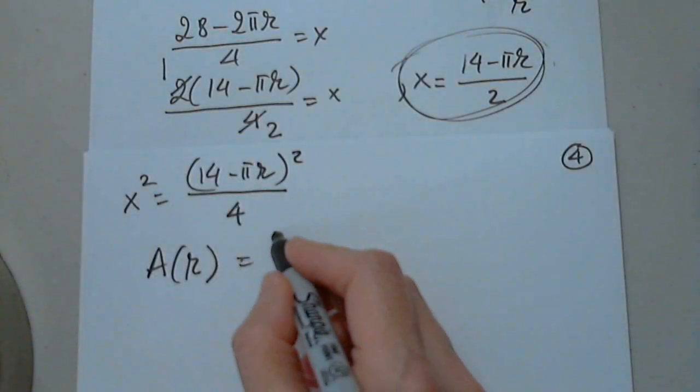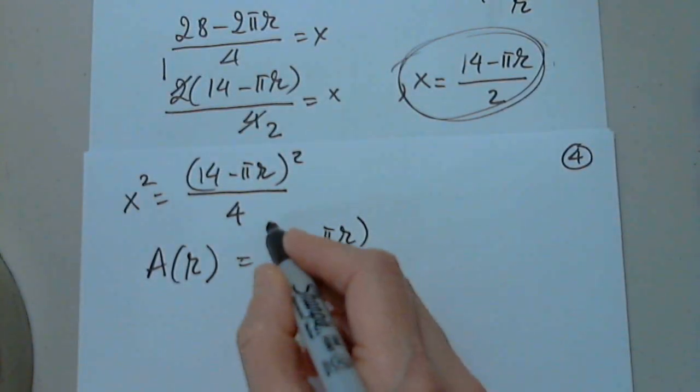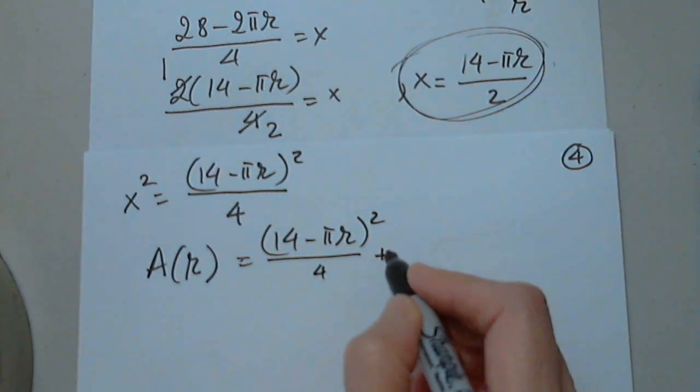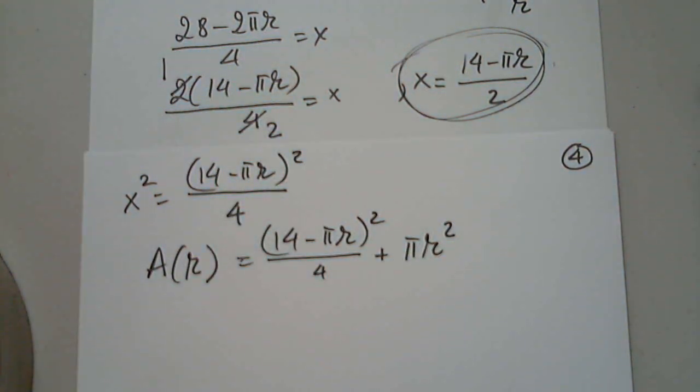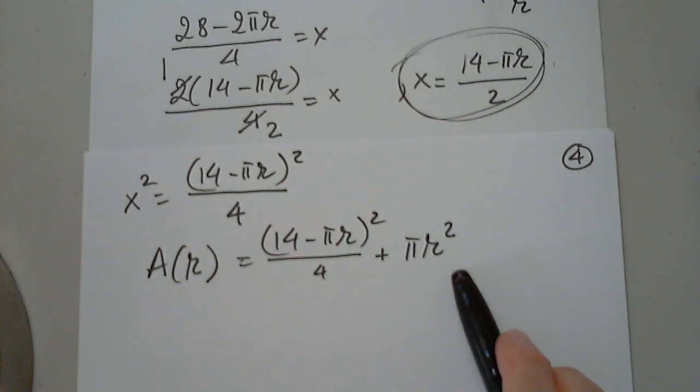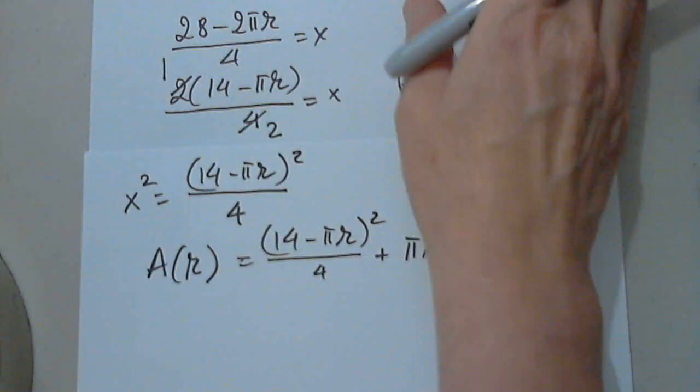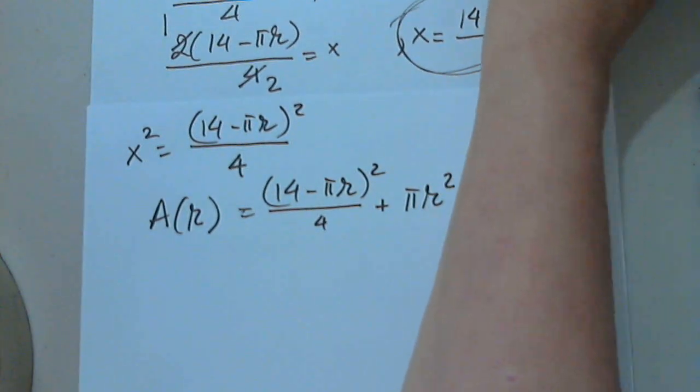With the x squared, which is 14 minus pi r squared over 4 plus pi r squared. I got my function. If you don't like r, just put x in there. It's fine. I mean, because we have x, so put y or whatever. It doesn't matter. Any variable.